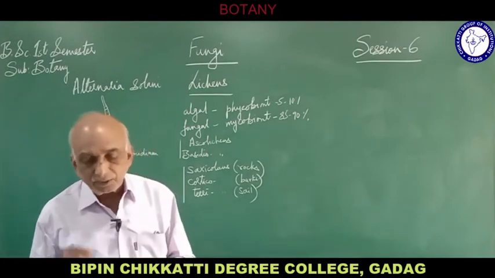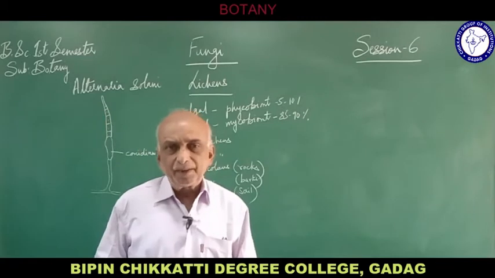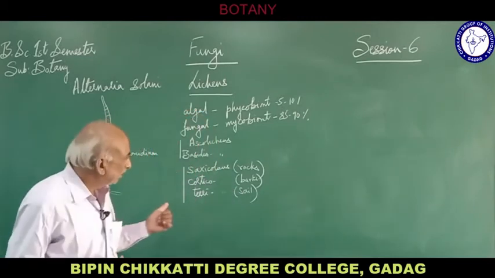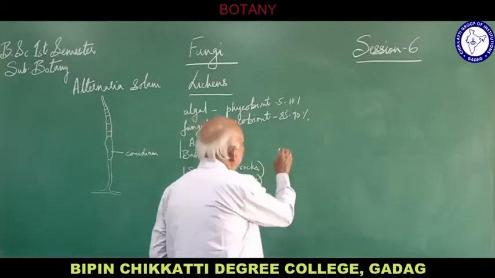So based on the habit, the manner and form of growth, and the manner of attachment, again there are three types of lichens.